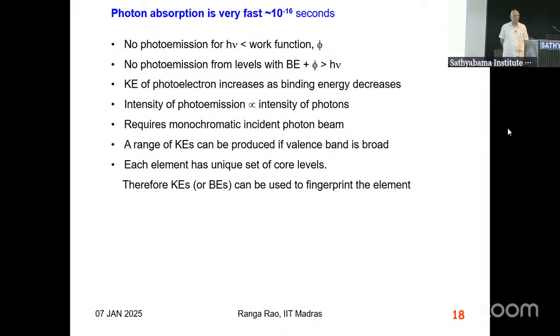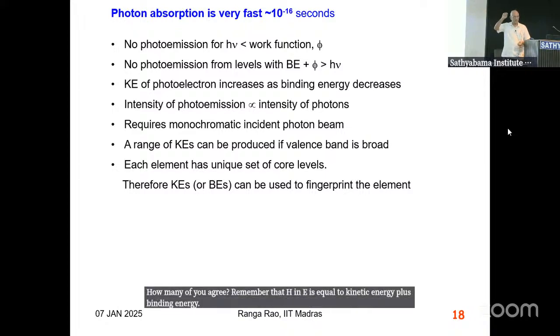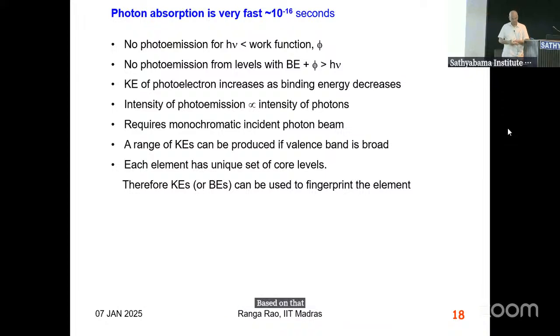No. Both you don't, huh? You both seem to be teachers, so you should allow them to answer. How many of you agree? Remember that h nu is equal to kinetic energy plus binding energy. Right? Based on that, you can answer that.